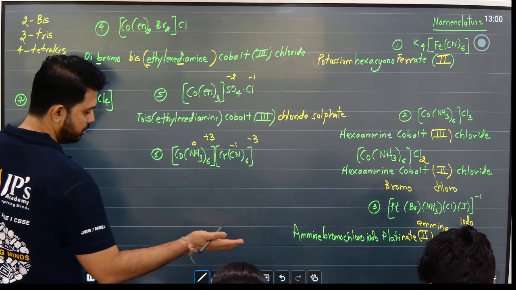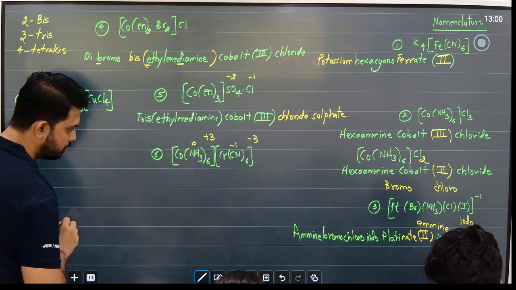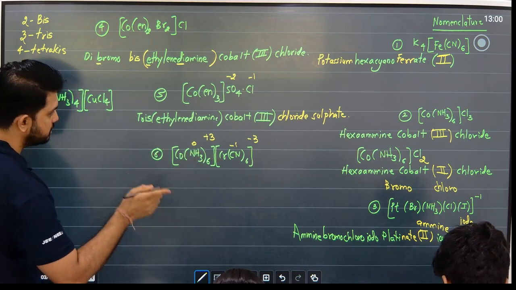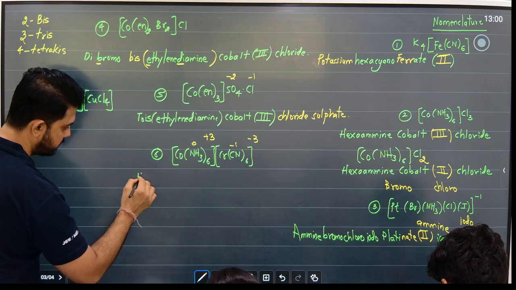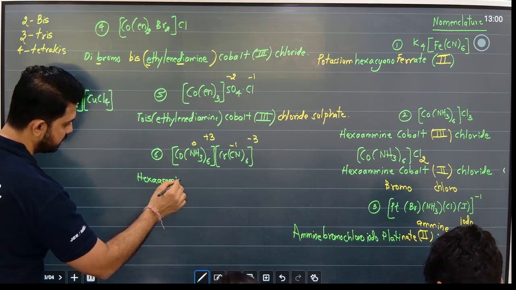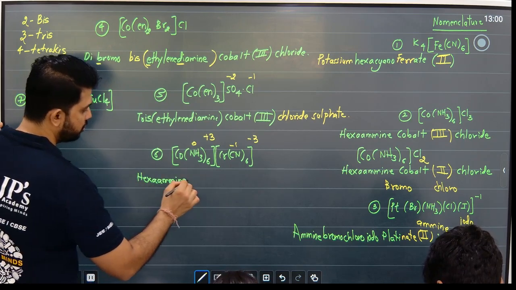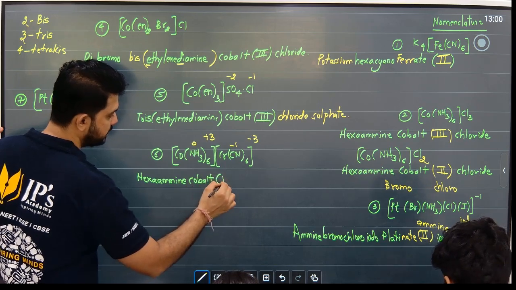The pattern or the rules remain the same. You start from the left. The moment you start from the left, you first encounter a complex. Inside the complex, you start by writing the name of the ligand. Hexaamine cobalt. What is the charge on cobalt? 3.